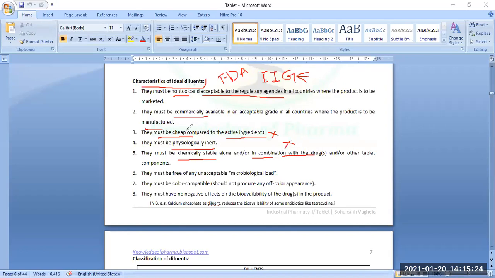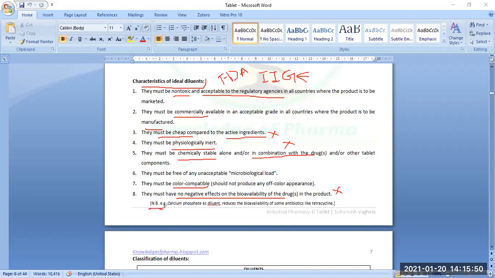Means your diluent must not produce any interaction with your drug. Okay, and they must be free from unacceptable microbiological load. Must be color compatible होने चाहिए. They must have no negative effect on the viability of the drug. ये positive negative दोनों आ गए यहाँ पे.